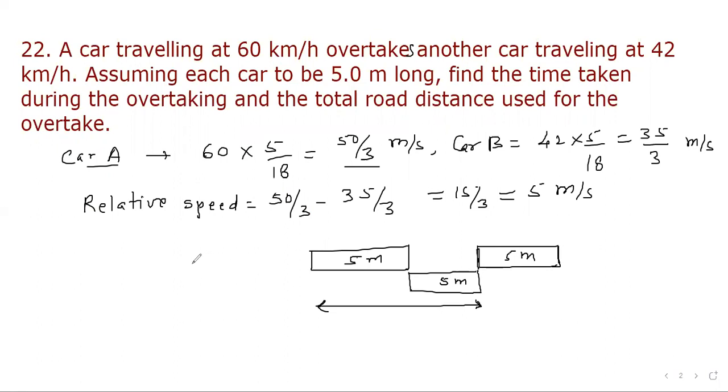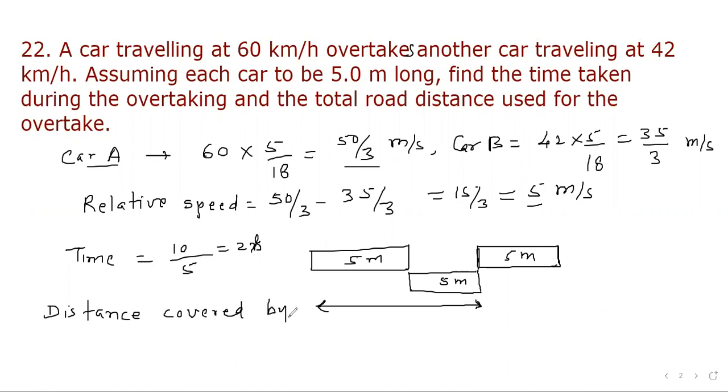So let's see how. So time equal to length of two cars, that is 10 meters, divided by relative speed, which is 5. So this gives 2 seconds. And now, distance covered by the first car in 2 seconds. Speed of the first car is 50 by 3.